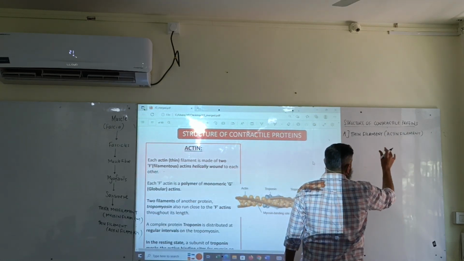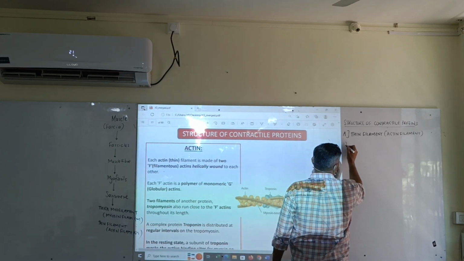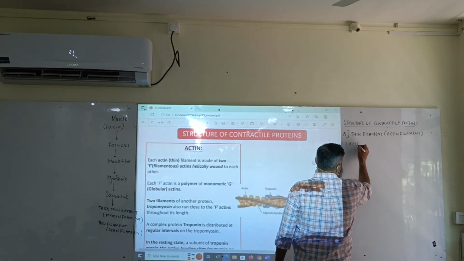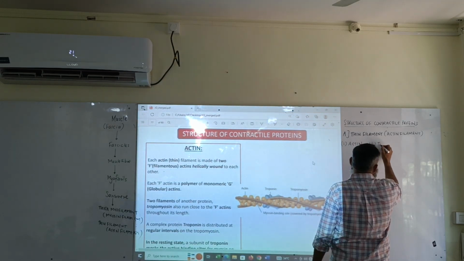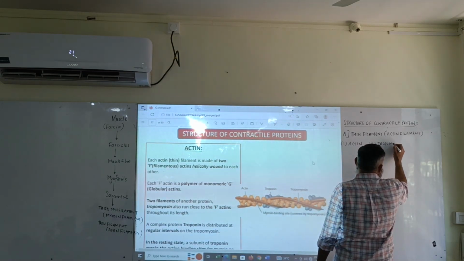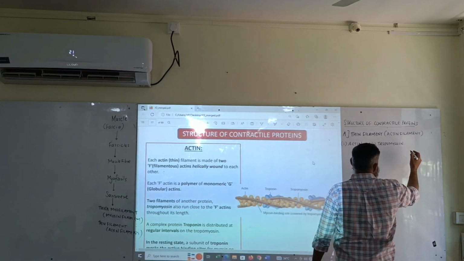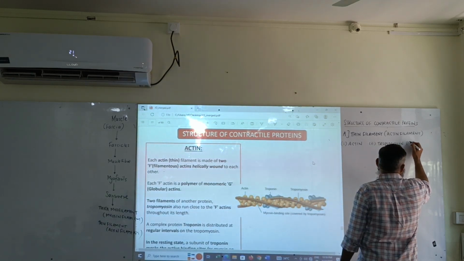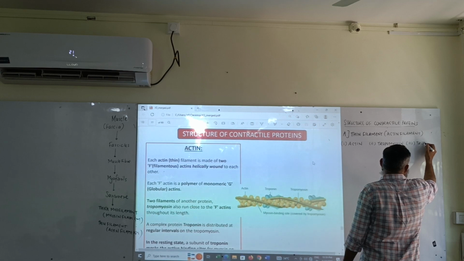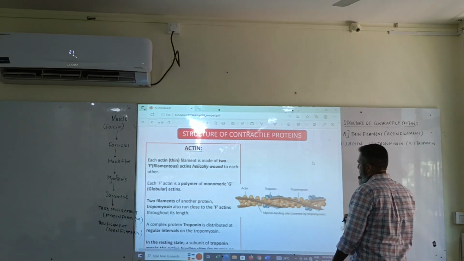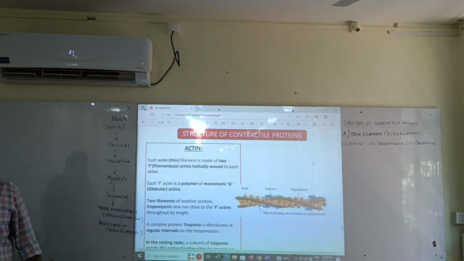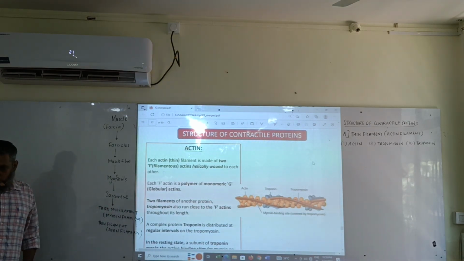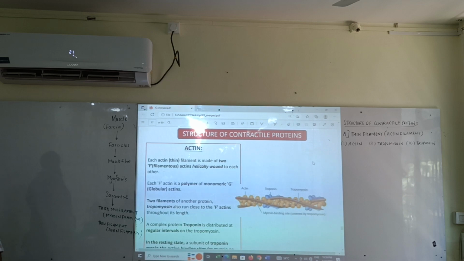And the actin filament is made up of a protein called actin, another protein called tropomyosin, and a third protein called troponin. कितनी प्रोटीन्स है बच्चों? कौन सी? Actin, tropomyosin, troponin. सबको याद होना चाहिए। ठीक है?